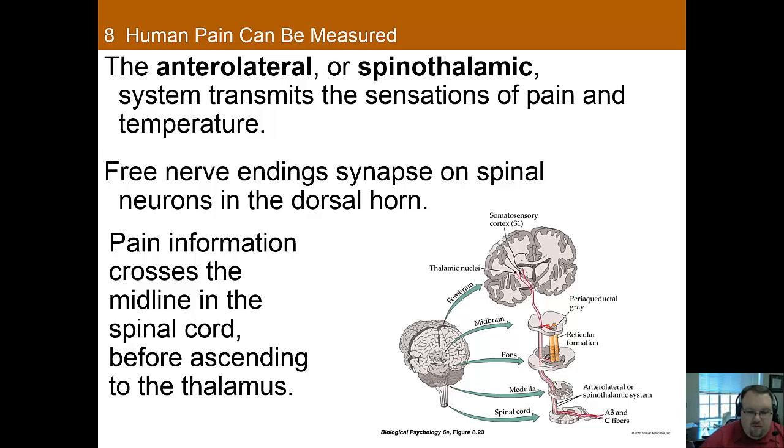The peripheral fibers use glutamate to excite the spinal cells in the dorsal horn. They also release something called substance P. Substance P is called substance P because it's actually a peptide, so that's where the P comes in. And this substance appears to be really important in processing pain sensations.